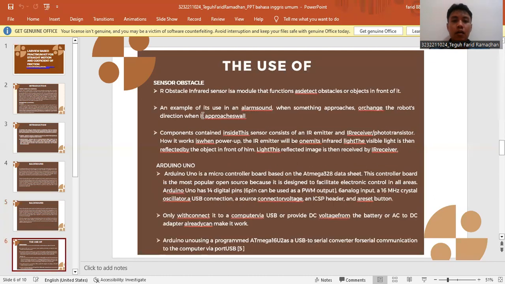Next, the use of the obstacle sensor. Number one, the obstacle infrared sensor is a module that functions to detect obstacles or objects in front of it.